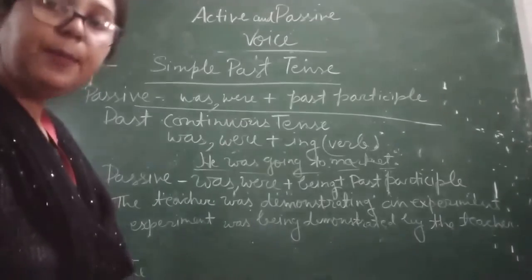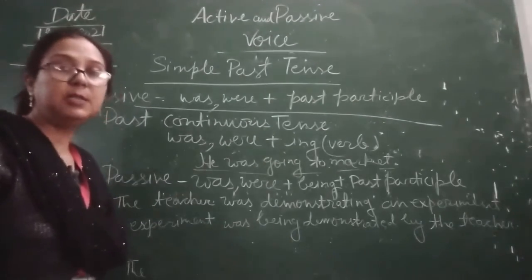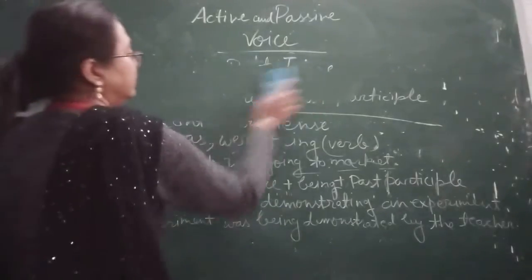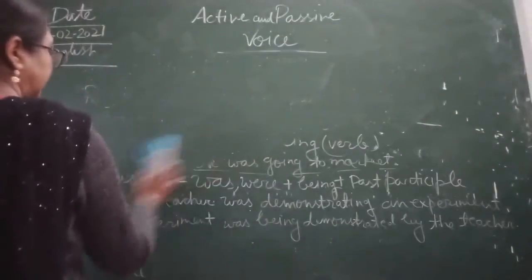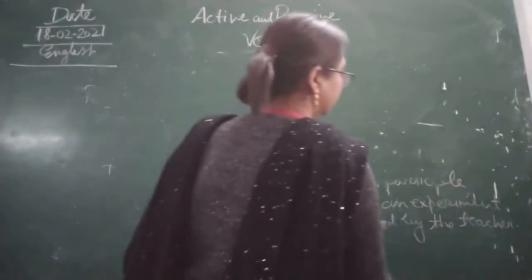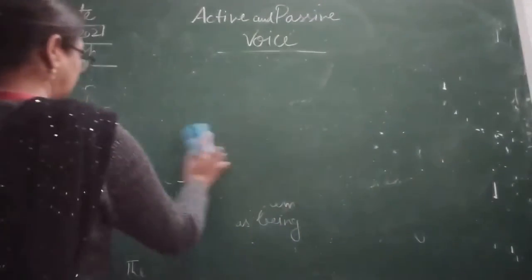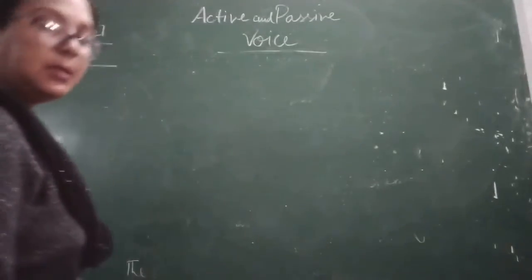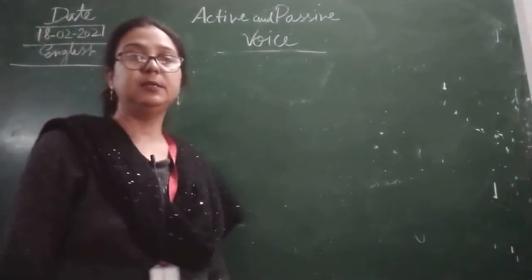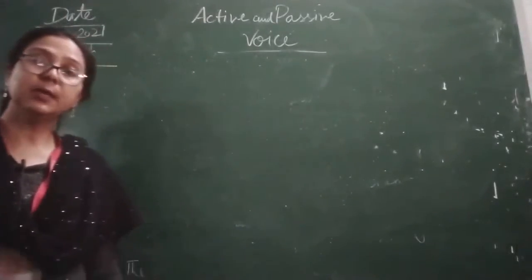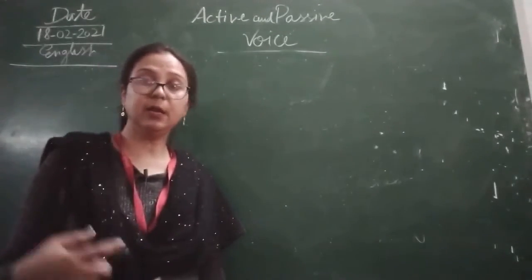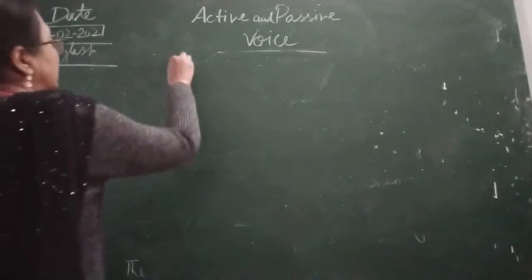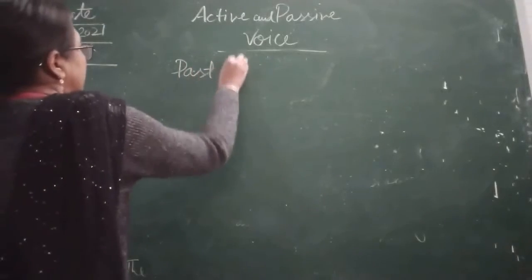Now we are moving to the past perfect. The next topic is past perfect. So children, what is past perfect? Past perfect means we are very much confirmed that the work was completed. That is why we are using past perfect.